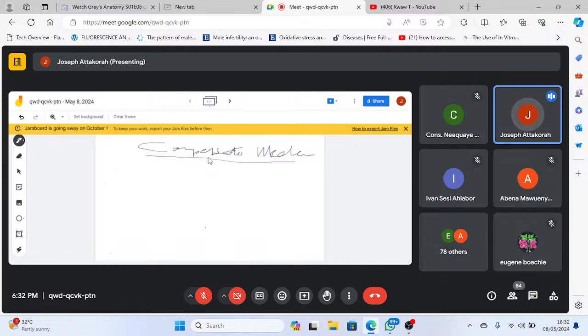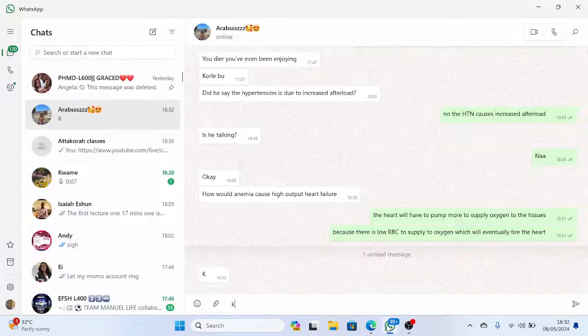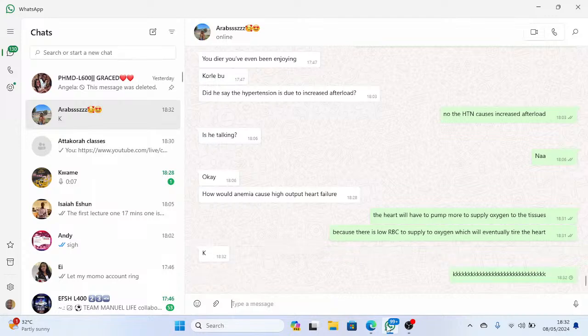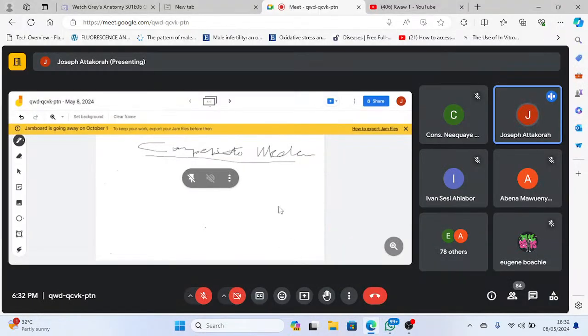All the time, in the system, there are checks and balances. That is why we have parasympathetic and sympathetic. Para is checking the sympathetic. So anytime you have an imbalance, one becomes dominant, and then you'll see the clinical manifestation.